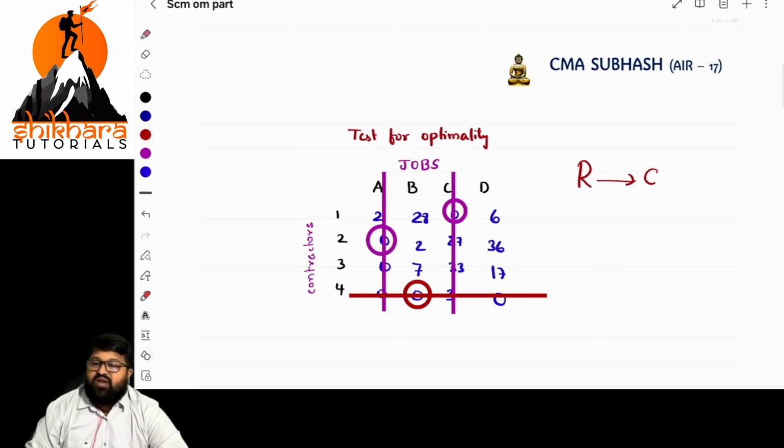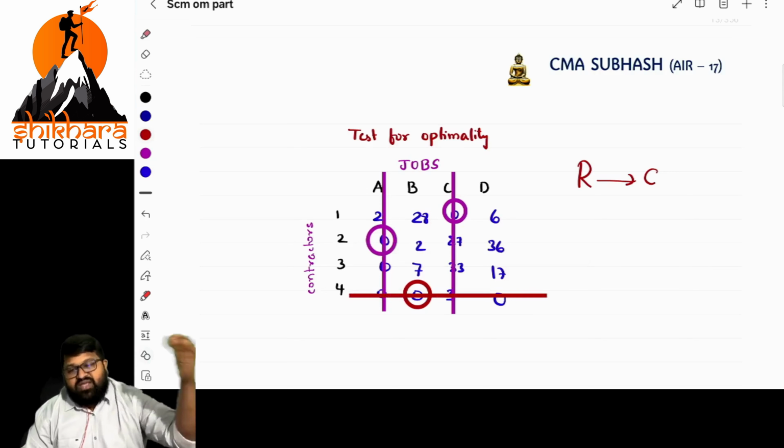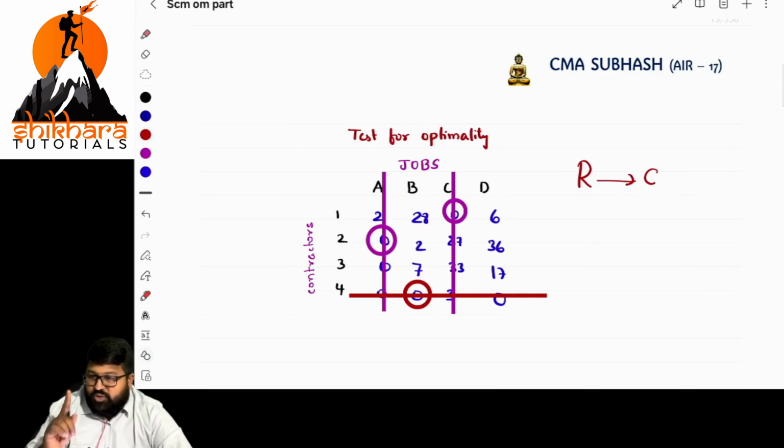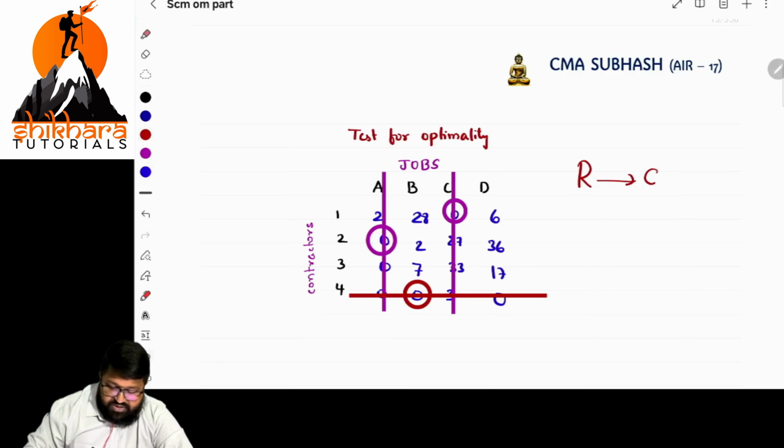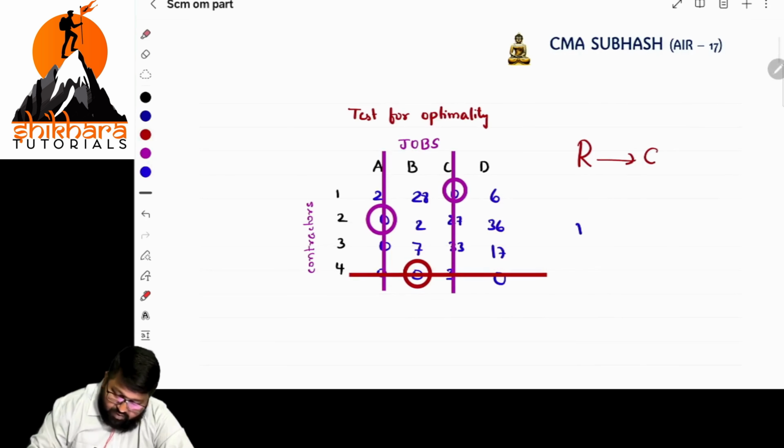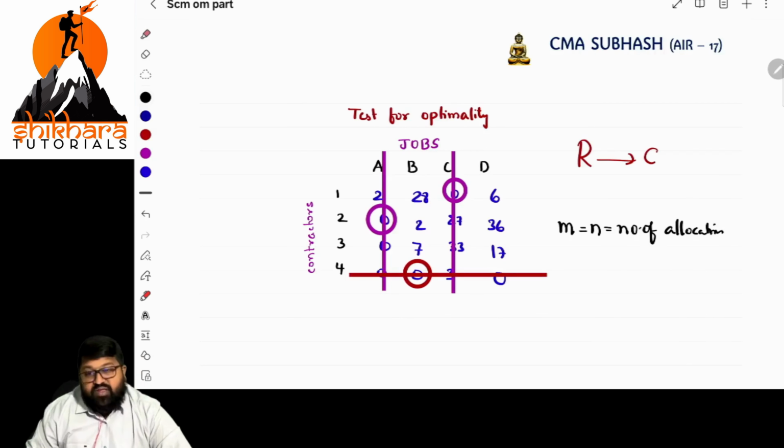So now we are done with the test for optimality. But here, whether we reach the optimal solution or not, there is a cross check. What is the cross check point, sir? M equal to N equal to the number of allocations. If this happens, then we reach the optimal solution. But here, are we reaching the optimal solution?